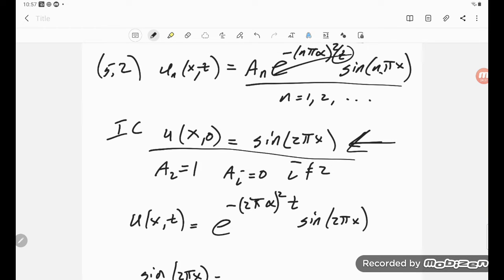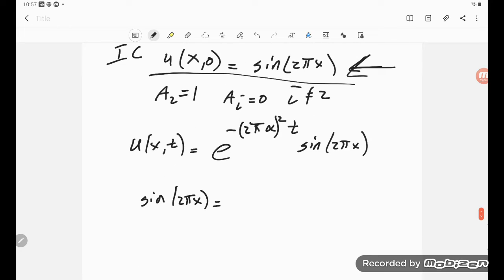So that part just disappears, and so we get the sum of n equal 1 to infinity of a n sine of n pi x, like that. Well, sine of 2 pi x, everything else 0, right?